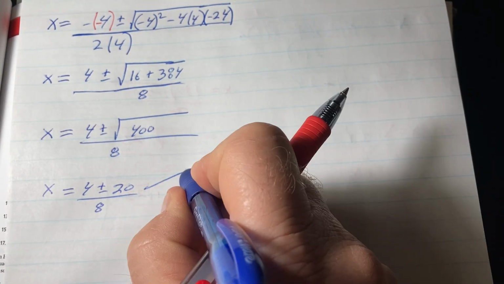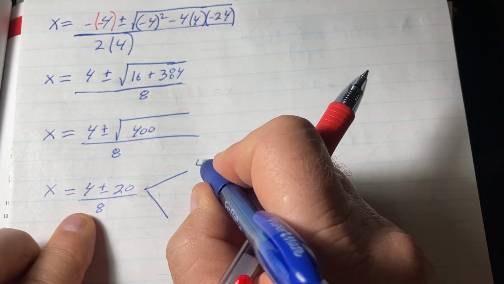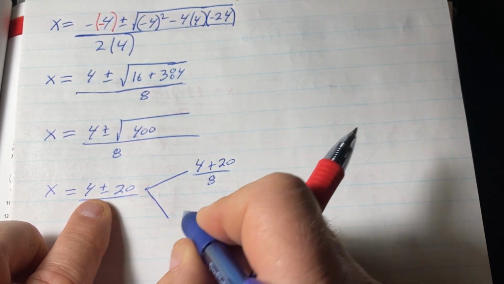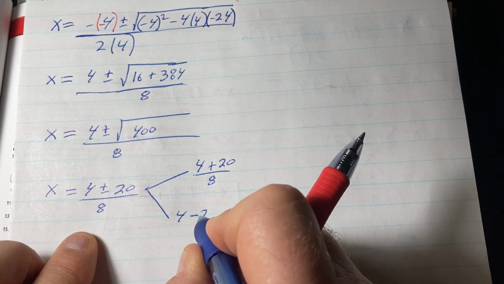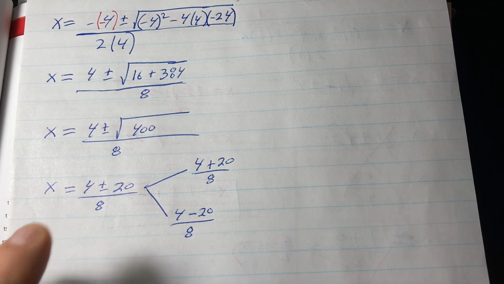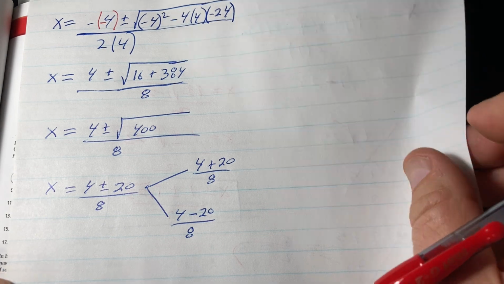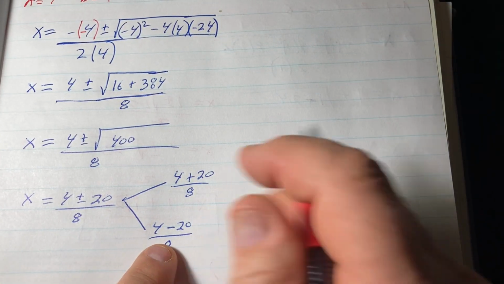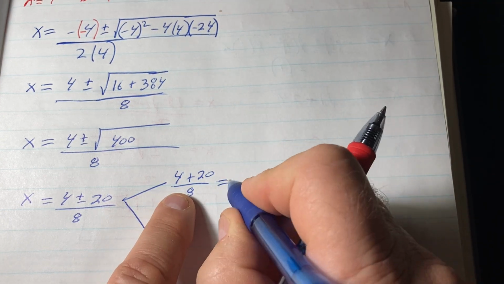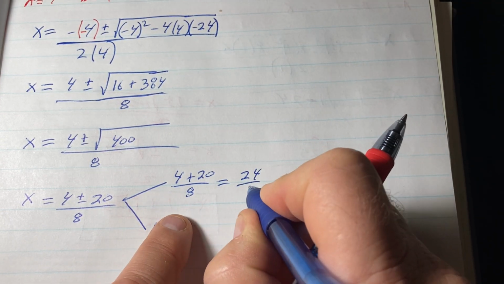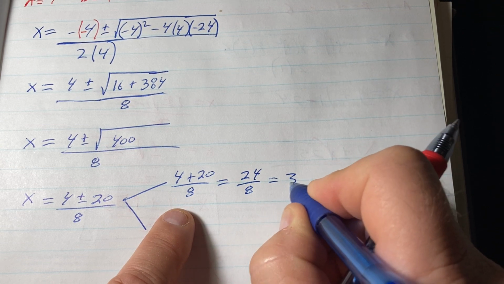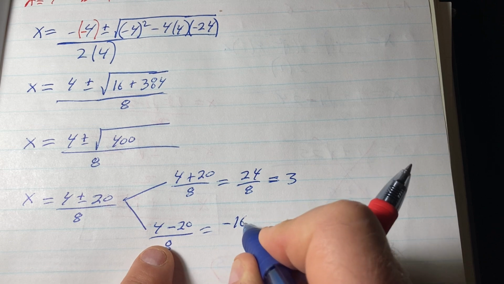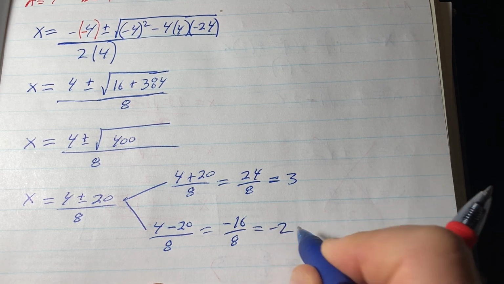So that's going to be 4 plus 20 over 8 and 4 minus 20 over 8. This is 24 over 8, and it's 3. 4 minus 20, that's going to be negative 16 over 8, which is negative 2.